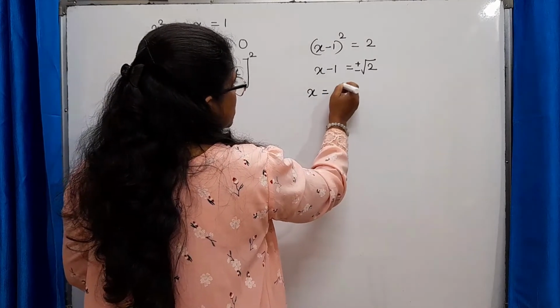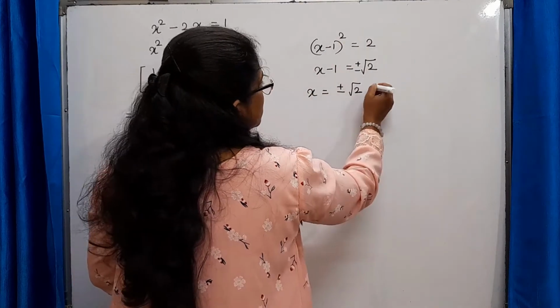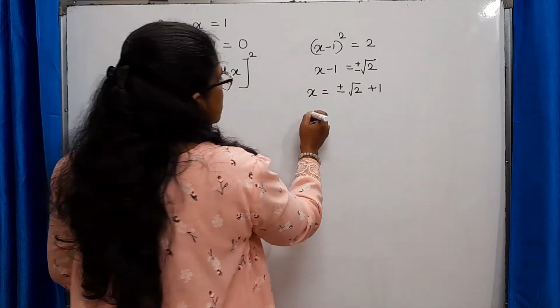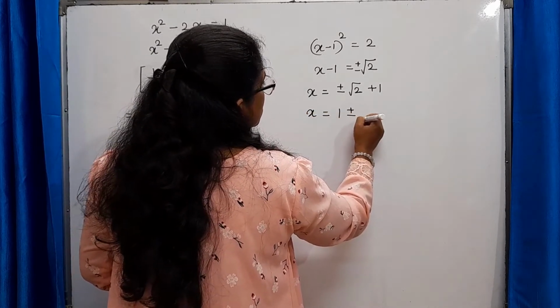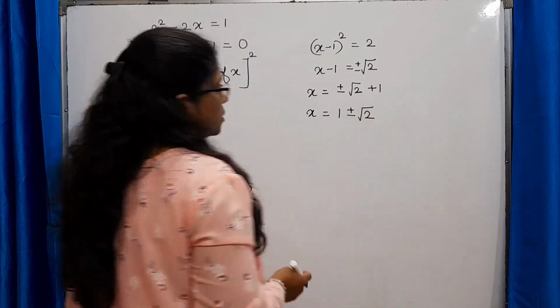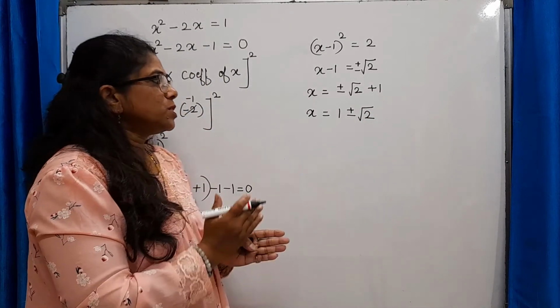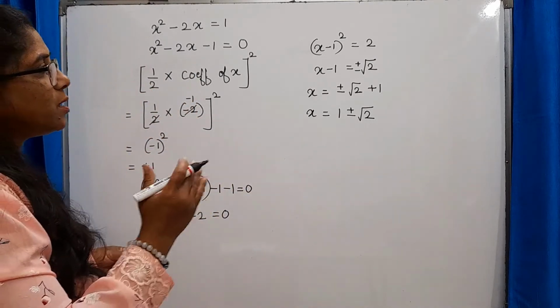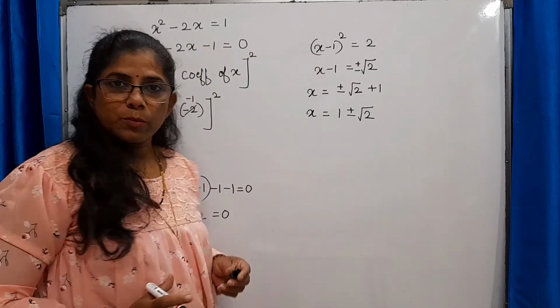So here x is equal to plus or minus square root of 2 plus 1. This same answer we can write as x is equal to 1 plus or minus root 2. So one root is 1 plus root 2 and the other root is 1 minus root 2. So in this case we get the answer of our quadratic equation by the completing the square method.